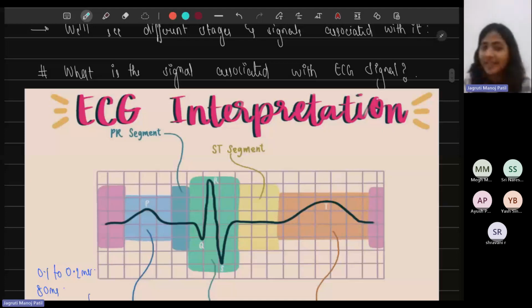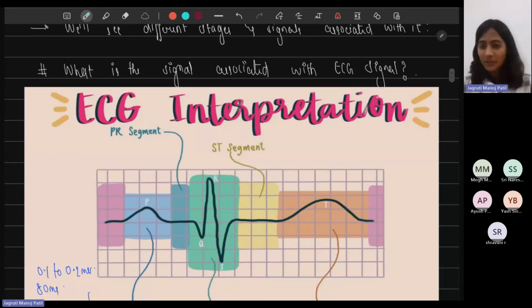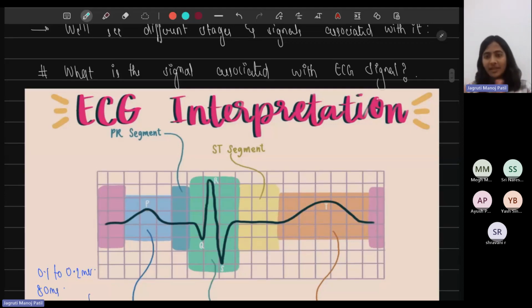There's this common hypothesis going around that when ventricles are repolarizing, the atriums are depolarizing. But think about it: if ventricles are repolarizing, at a time when they are relaxing, the atriums would suddenly be depolarizing. So this can't be the case.